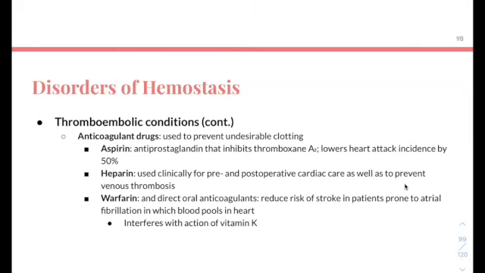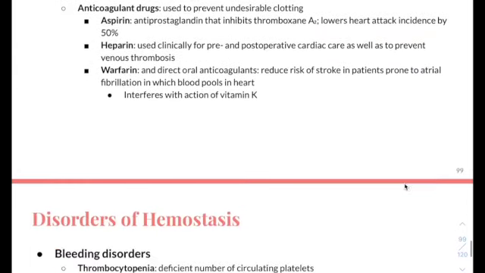It's mostly used for people who have some kind of atrial fibrillation, so their heart's not pumping the way it should, and blood tends to pool in the heart. Warfarin interferes with the action of vitamin K in the body. So if people are on warfarin, they do also need to take vitamin K so they can still get the benefits of vitamin K as well.